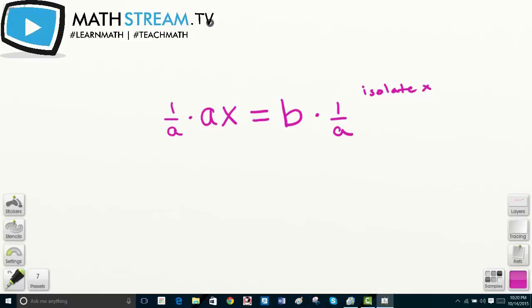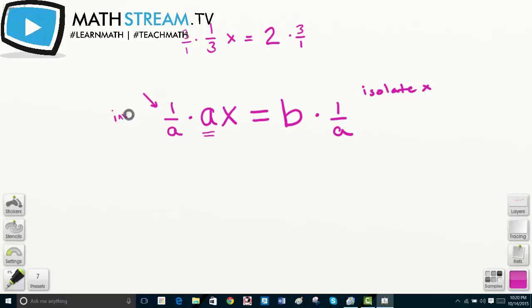So let's say that I had 1/3 x equals 2, just to put in a random number, and I want to get rid of that 1/3. We multiply by 3 over 1. And that would be an example of where I'm trying to get rid of a coefficient by multiplying by, we call this the inverse.